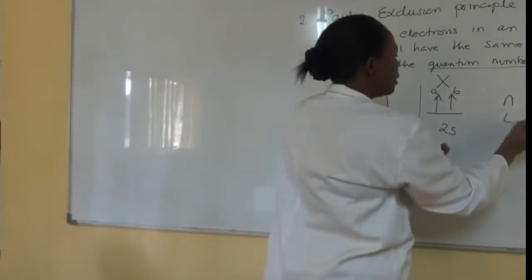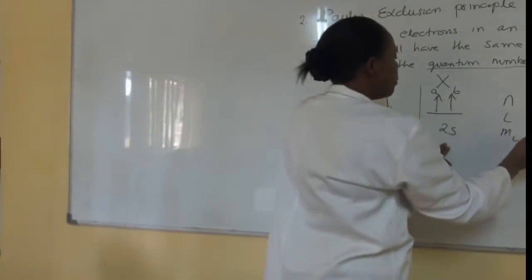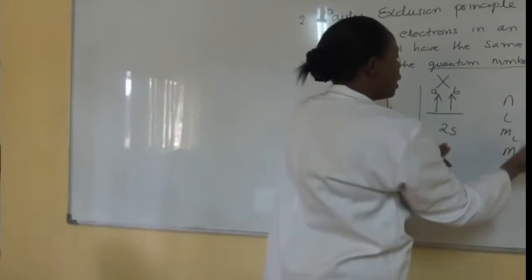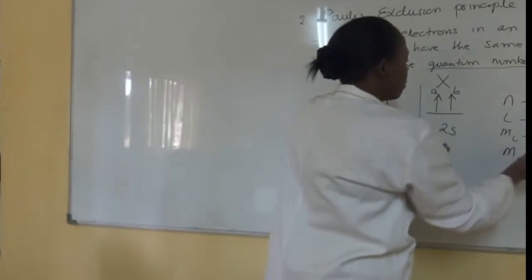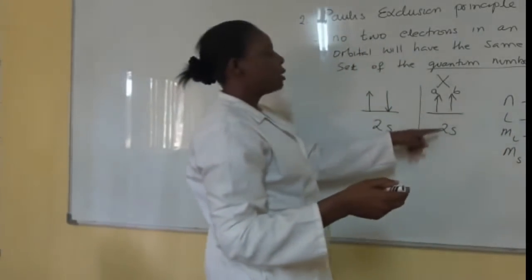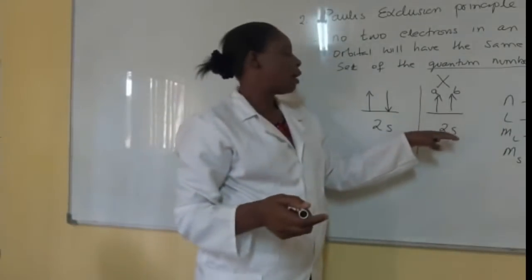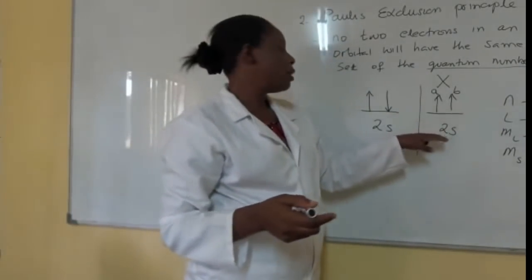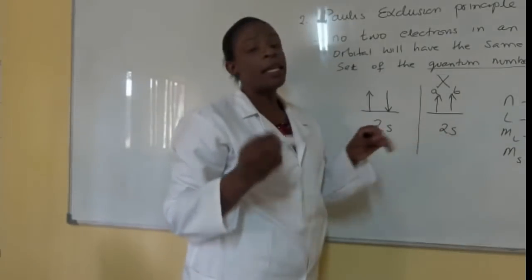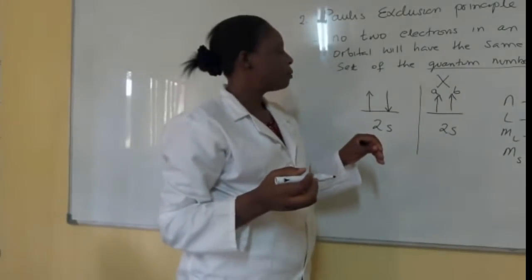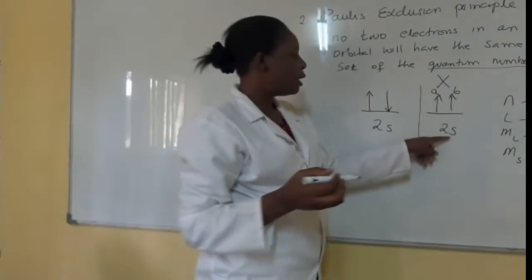There's N, there's L, ML, and MS. Okay? N here stands for the principal quantum number, which is actually the energy level. Okay? So N here is 2.